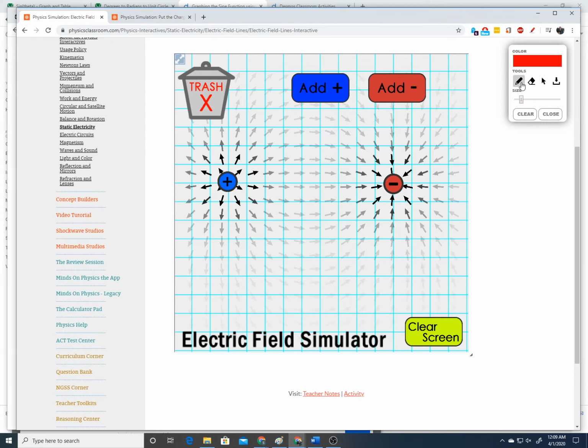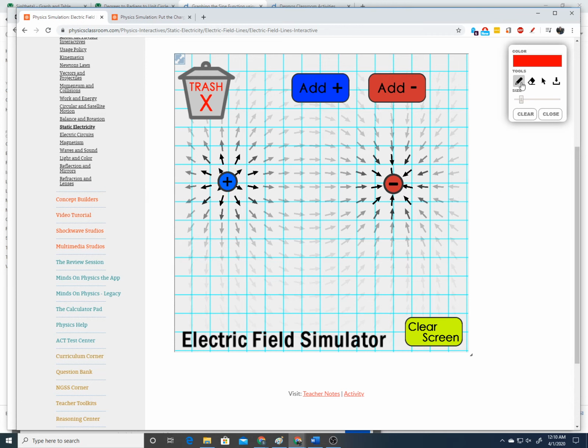And of course, when we talk about positive charge, we're saying this has more protons. This one has more electrons, leading to an overall positive or overall negative charge.